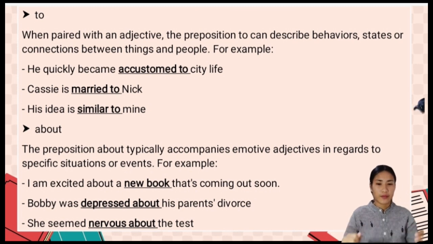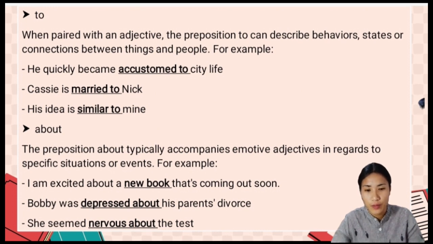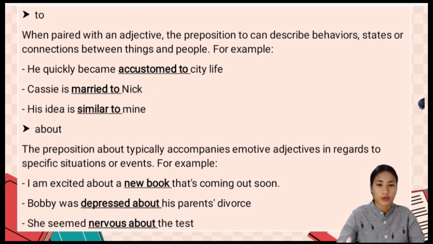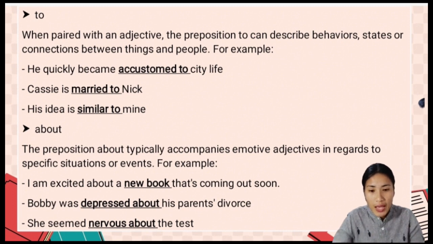Let's look at the example. He quickly became accustomed to city life. And then Cassie is married to Nick, and his idea is similar to mine. So here the preposition to with adjective is accustomed to, married to, and similar to.